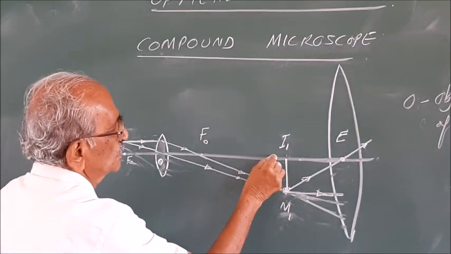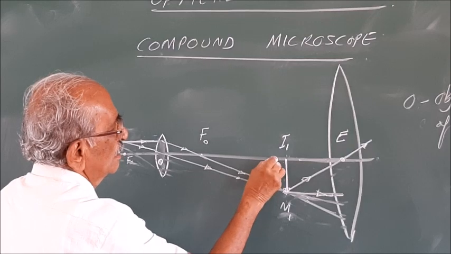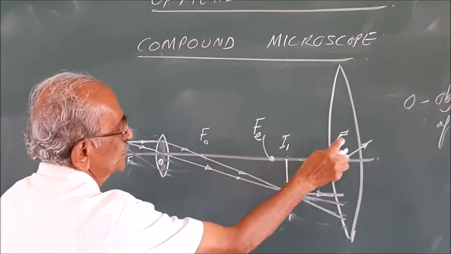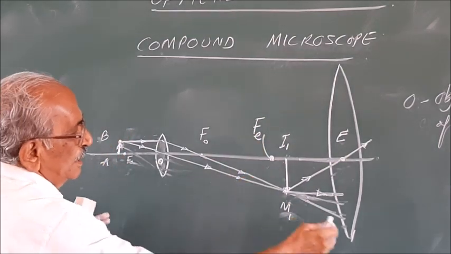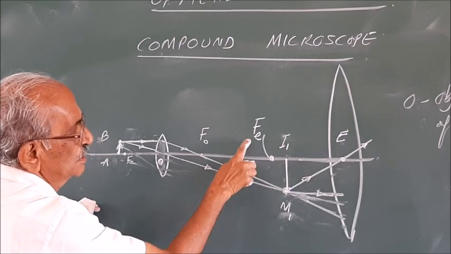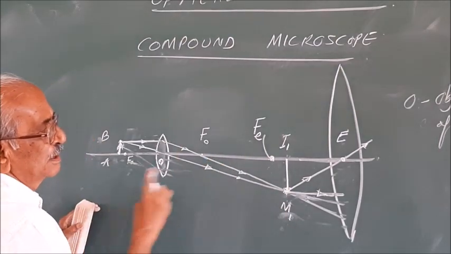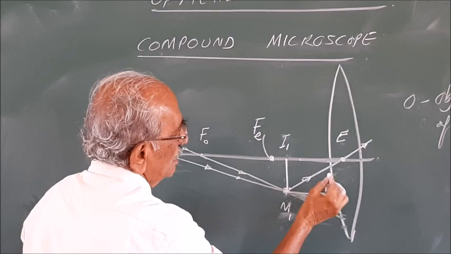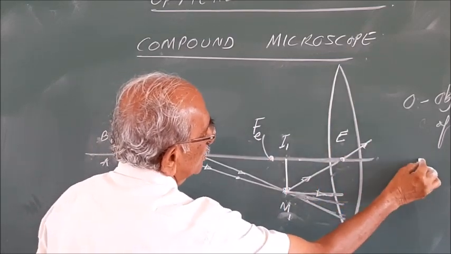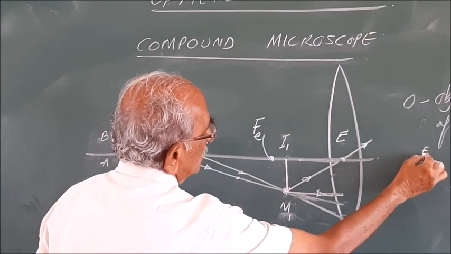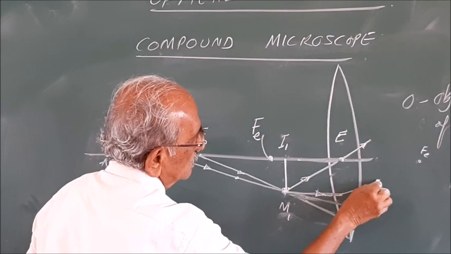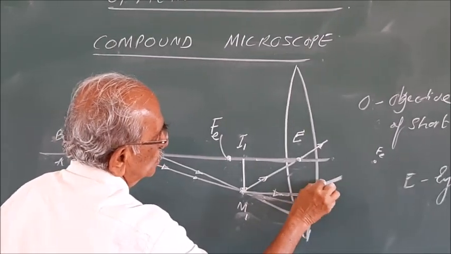So if this is the focal point of the eyepiece, I adjust this distance such that the image I1M1 is within this FE. So therefore, I consider these rays. At the same distance you have the focal point here. I will not retain this; for the time being, I will keep it here. Now this ray goes like this, goes through FE.